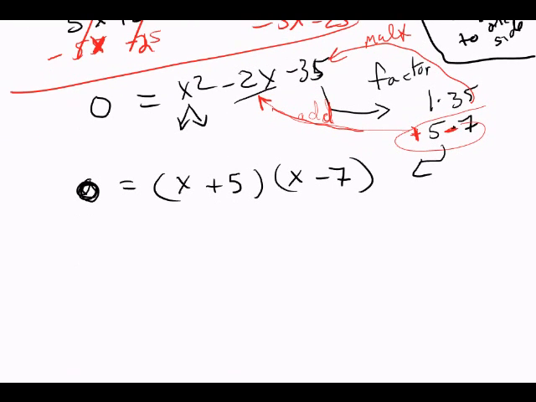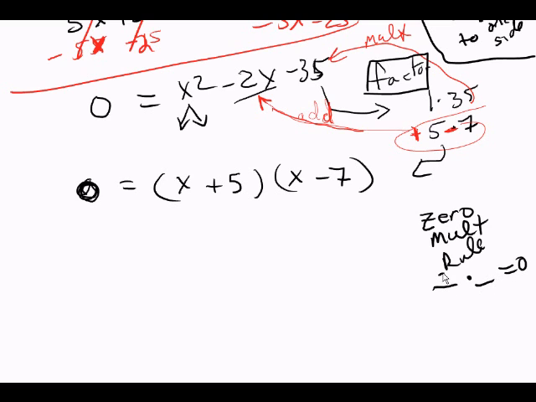I said this is a 0, not an A. Okay, now what do I do? We still have to find out what x equals. Okay, so we did this one time before. The 0 multiply rule. When you multiply two things together and the answer is 0, if I put a 5 here, what has to be in the other parentheses?